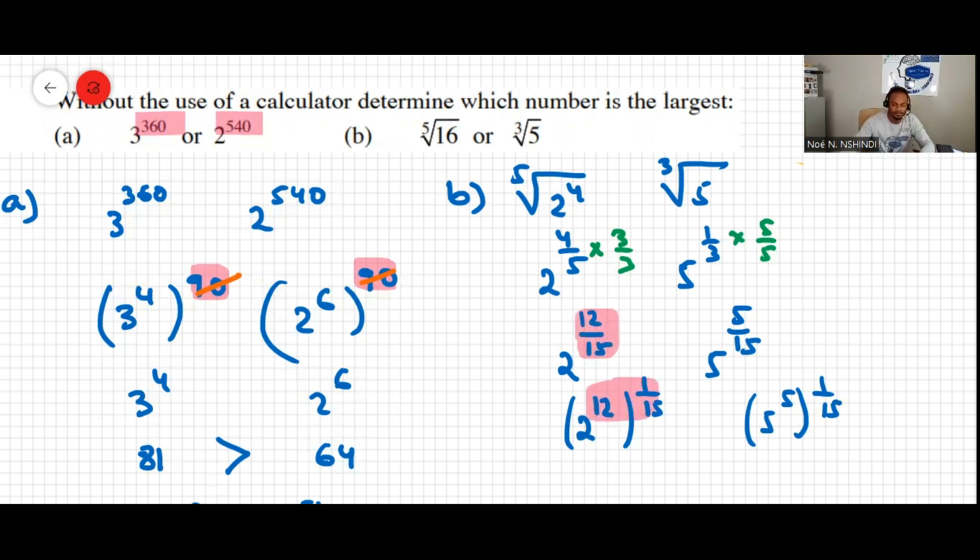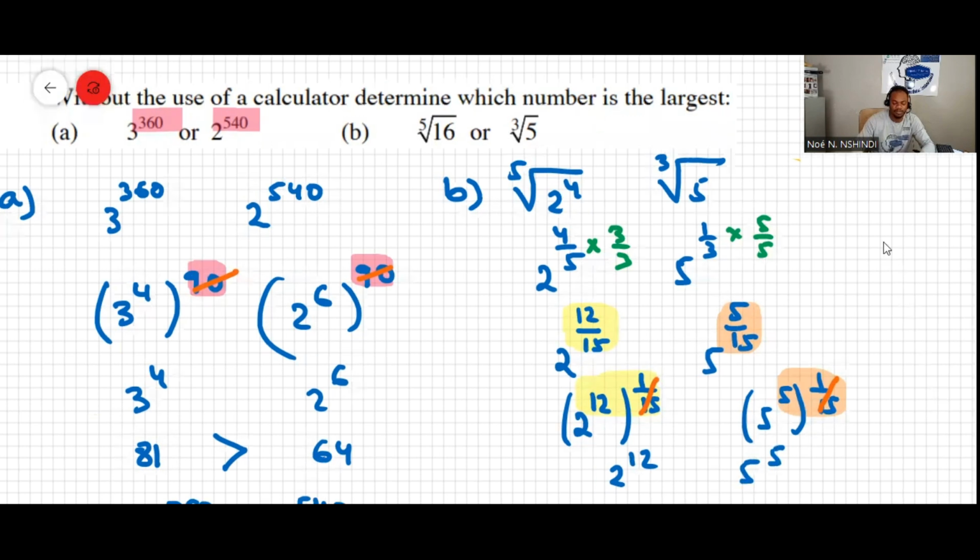This exponent here is the same as that one, and this one will be the same as that one. So now the exponents are common, we can just drop them and then compare 2 to the 12 with 5 to the 5.